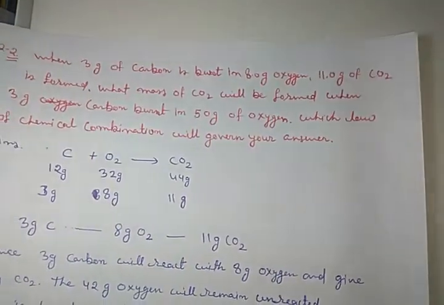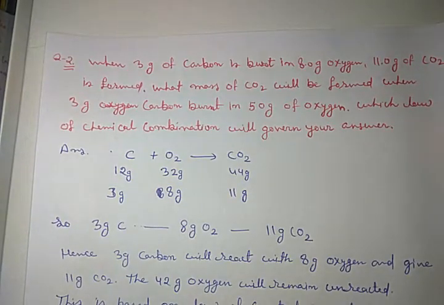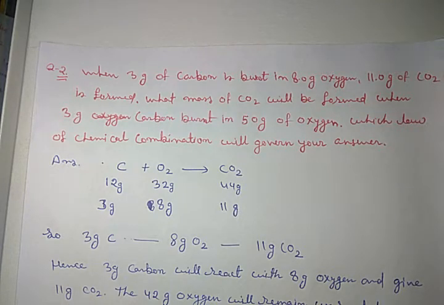Now the second question that is important for us: when 3 gram of carbon is burnt in 8 gram oxygen, 11 gram of carbon dioxide is formed. That means when 3 gram of carbon reacts with 8 gram of oxygen, it forms 11 gram of carbon dioxide.